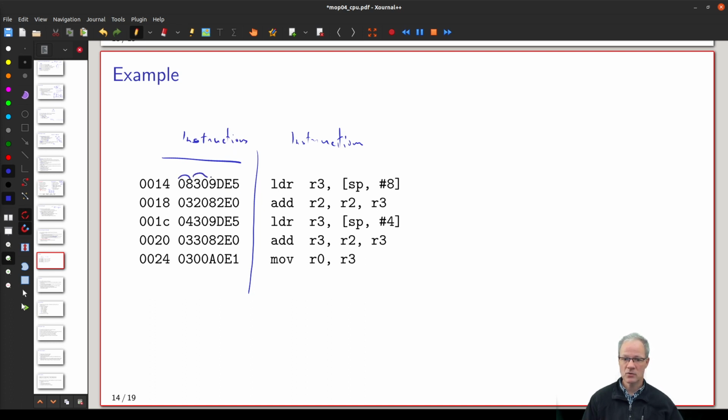This is a 32-bit instruction word that represents the instruction to the right. So what we're going to do in this course is write assembly programs like the ones on the right side, and they are going to be compiled to machine code like the one on the left side. So this doesn't mean that you have to be fluent in all these digits and numbers and so on.